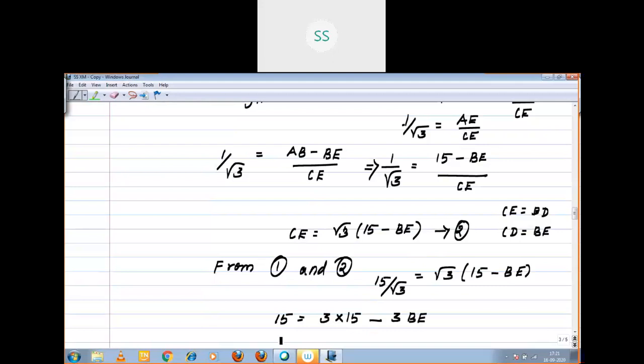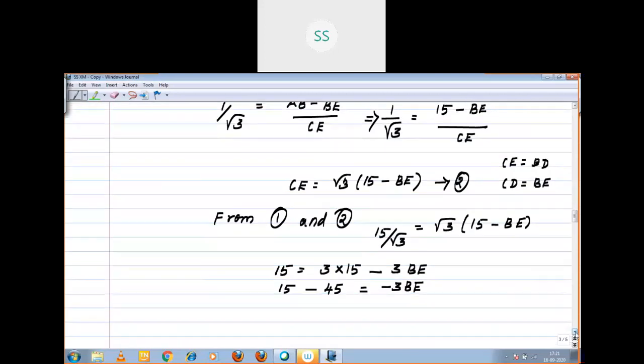Now, 15 equal to root 3 into root 3, that is 3, into 15 minus 3 into BE. 15 minus 45 equal to minus 3BE.